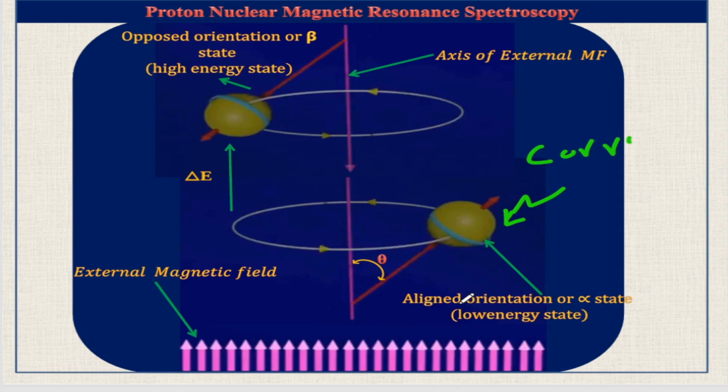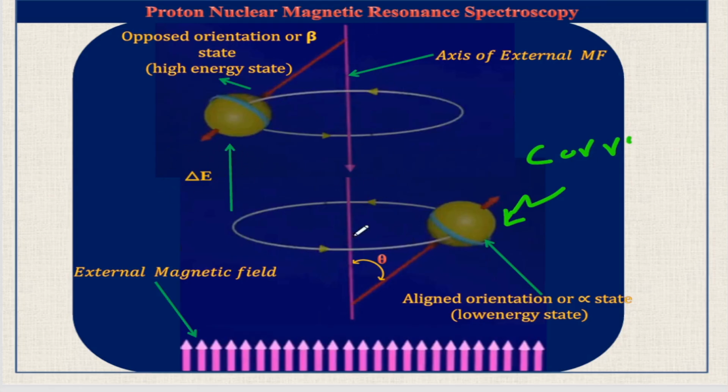This means an aligned orientation proton goes into an opposed orientation. So by absorbing radio wave frequency, the proton gets excited. This is the transition of the proton, and the proton absorbs delta E energy.